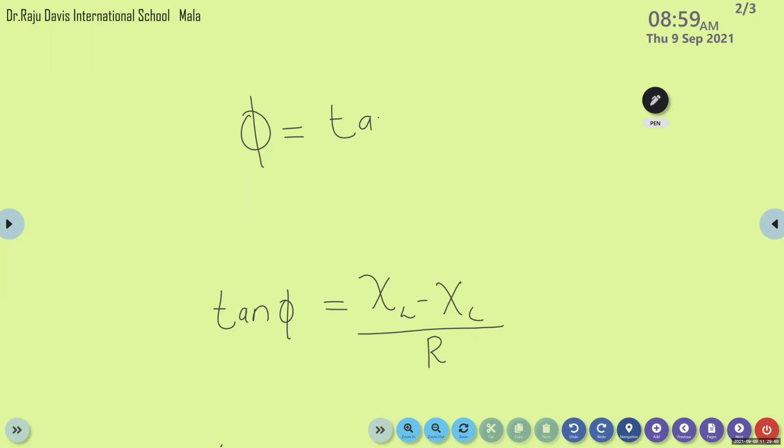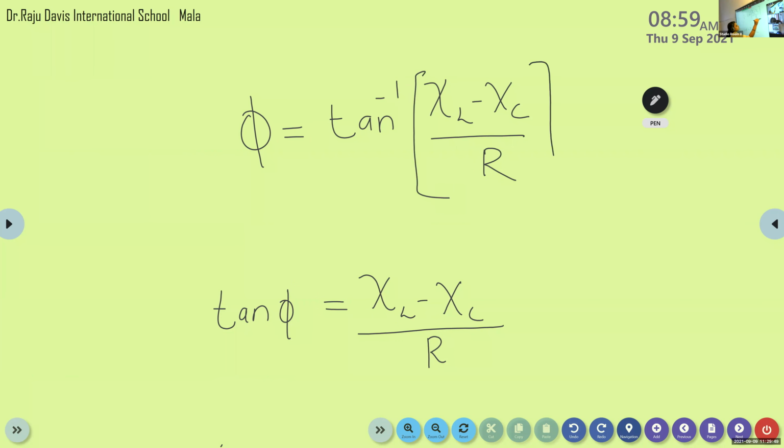So phi is equal to tan inverse of (X_L minus X_C) divided by R. If you know the values of X_L, X_C and the resistance R, you can easily find this angle phi, and thereby see how much the current is deviated. So the direction of the current is given by tan phi equal to (X_L minus X_C) divided by R, or phi equal to tan inverse of (X_L minus X_C) divided by R.